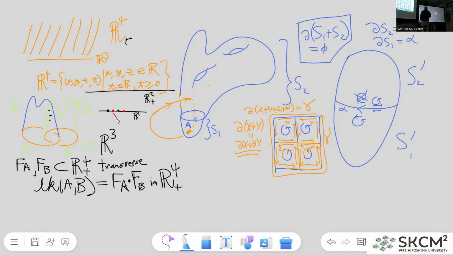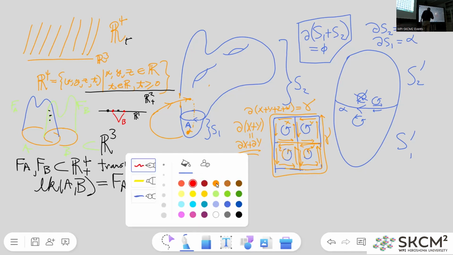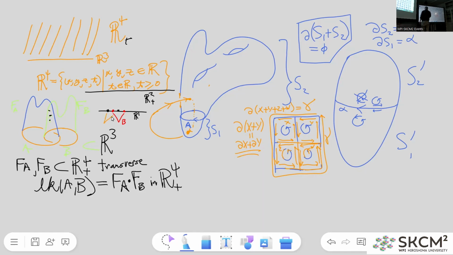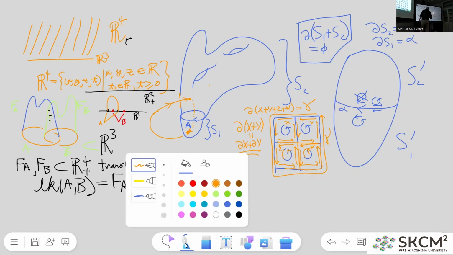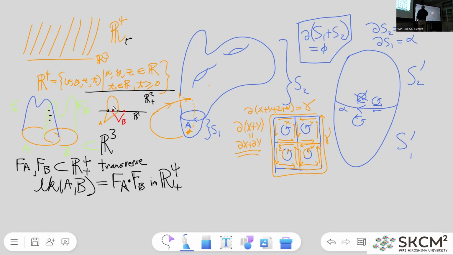So this one is B, and this one is A. And A bounds an interval in upper two space, and B bounds an interval in upper two space. And the two intervals are intersecting in one point right up there.